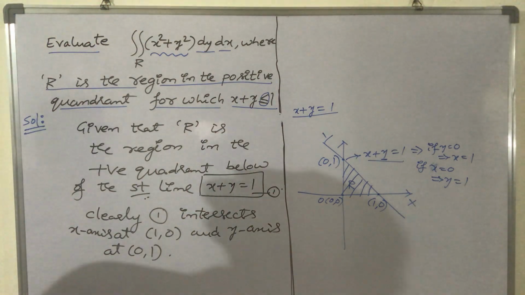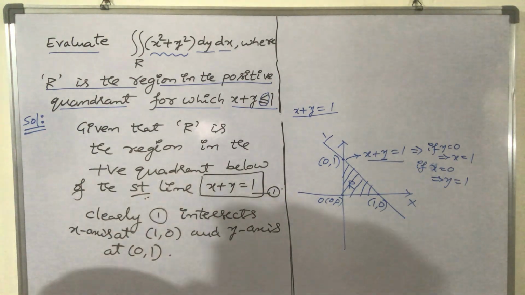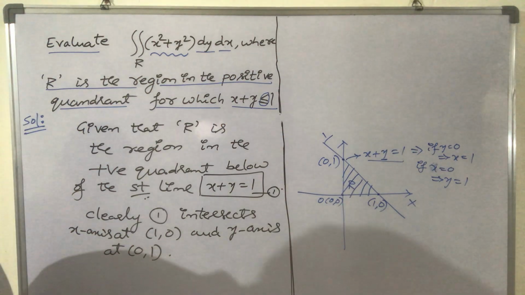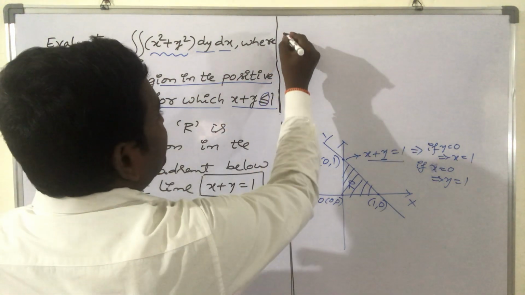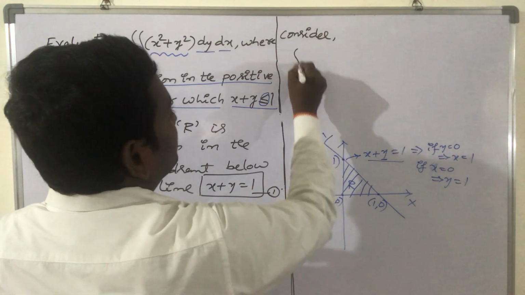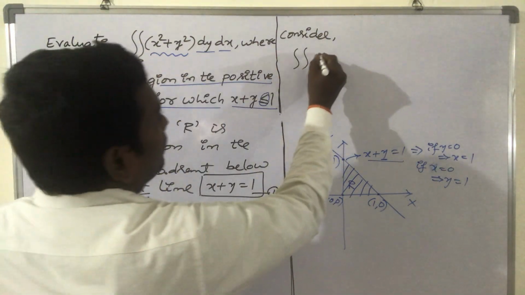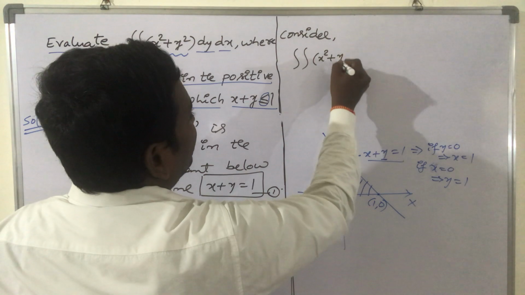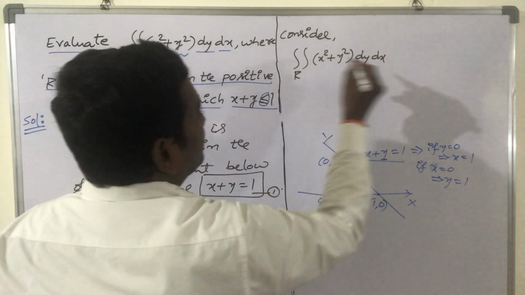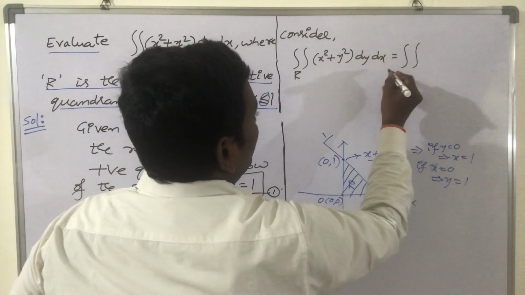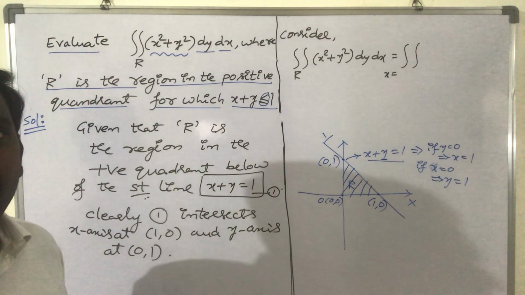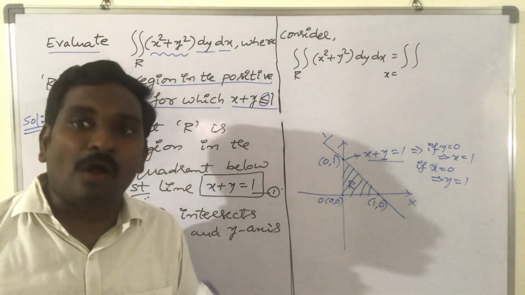Okay, now consider the given double integral. Consider the double integral of x square plus y square dy dx over R, is equal to, first we fix the x limits as constants.